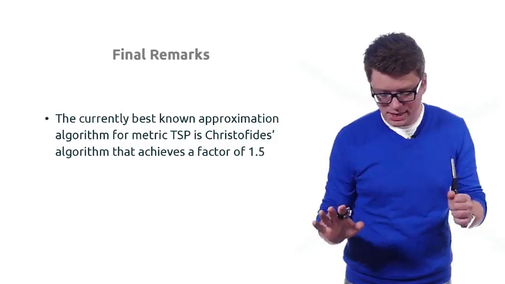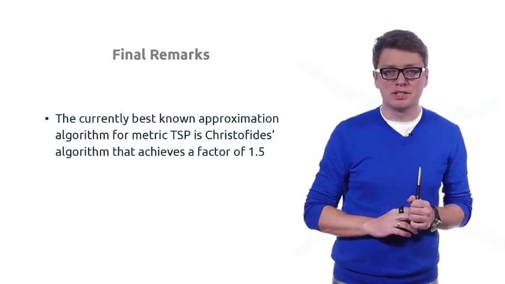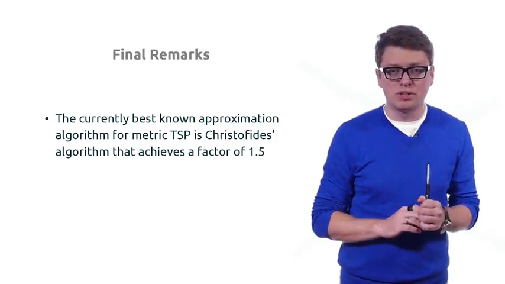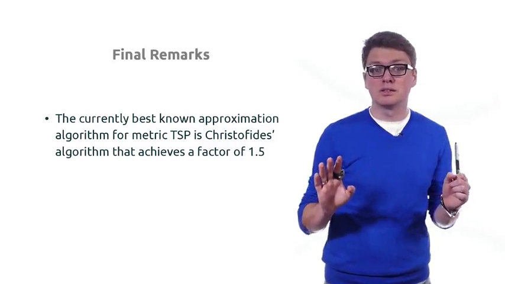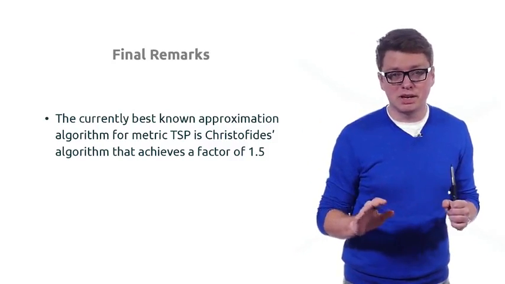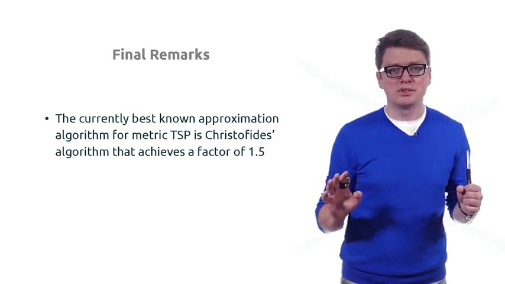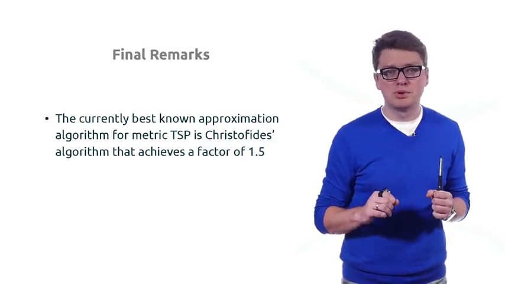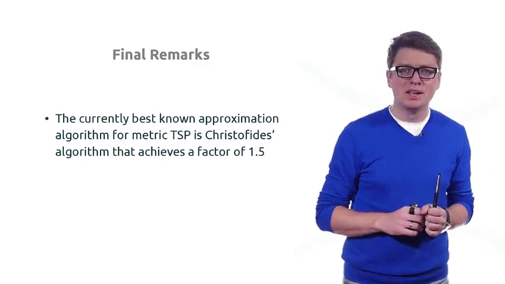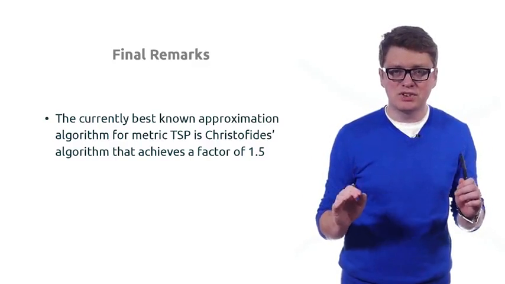So a better approximation factor is known. This factor is 1.5, and it is actually the best one. It was presented by Christofides in 1977, so many years ago, and it has not been improved since then.